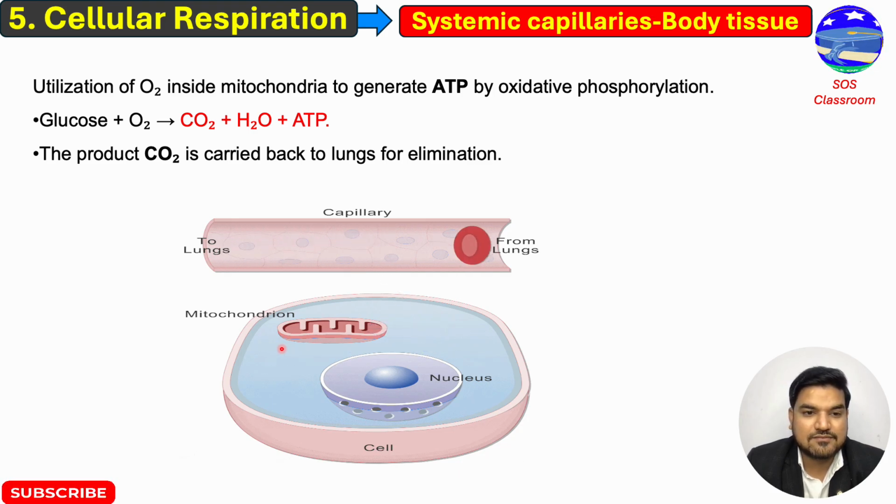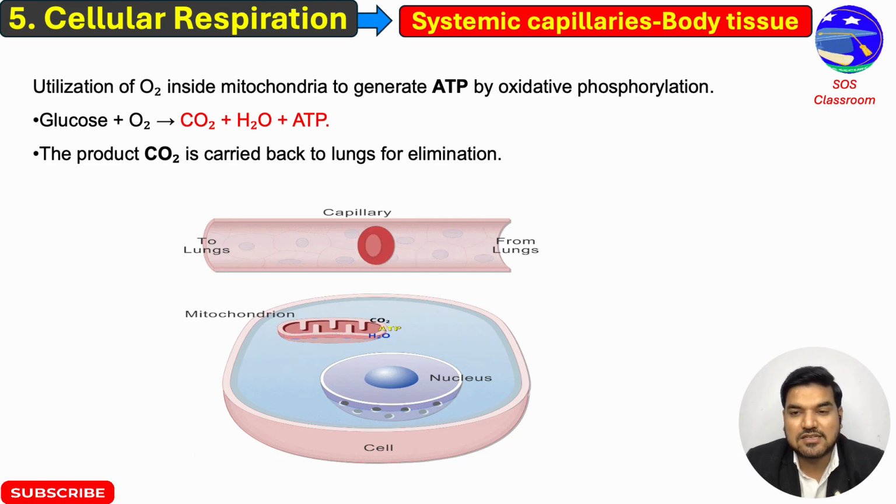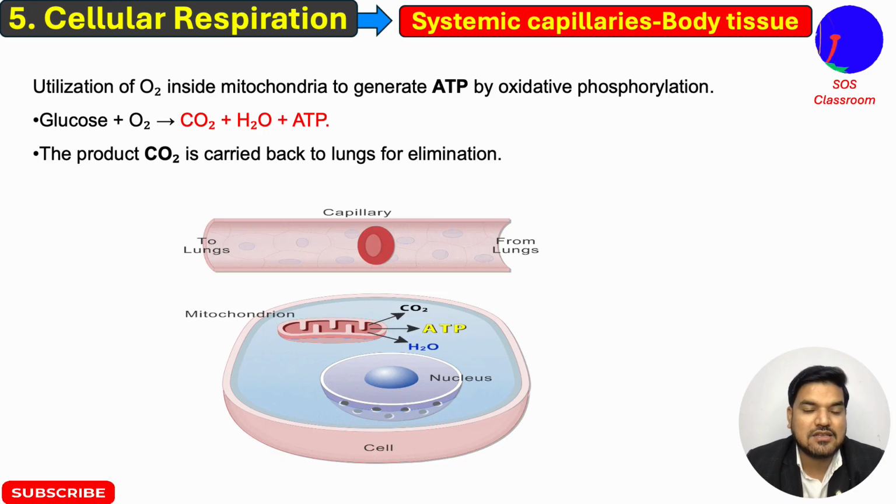So you can see these are the nutrients, this is the oxygen, and they change into carbon dioxide, ATP molecules and water molecules. The carbon dioxide comes into the systemic capillaries and goes to the lungs. From the lungs, external respiration occurs, then breathing occurs, and carbon dioxide moves from the lungs to the external environment.